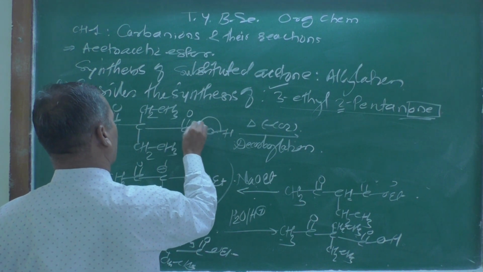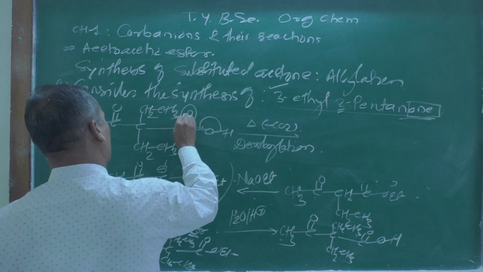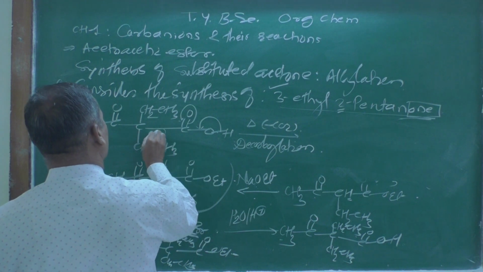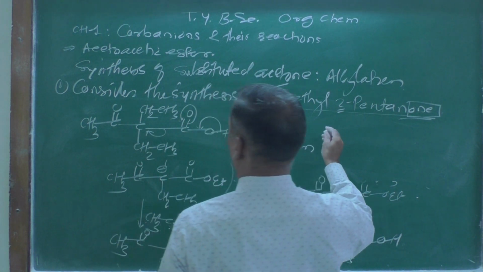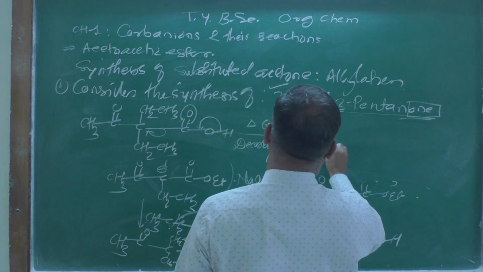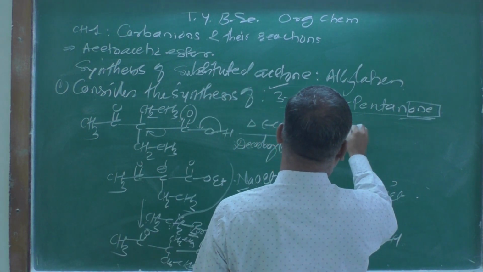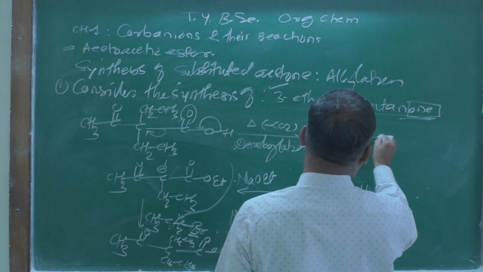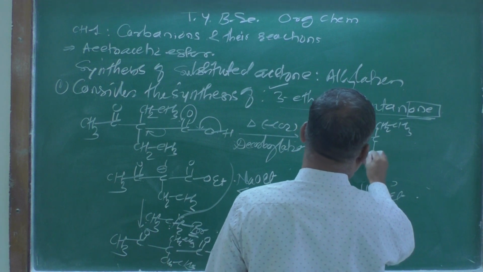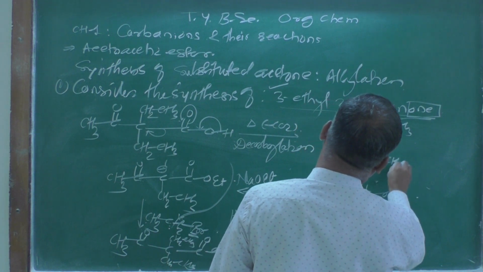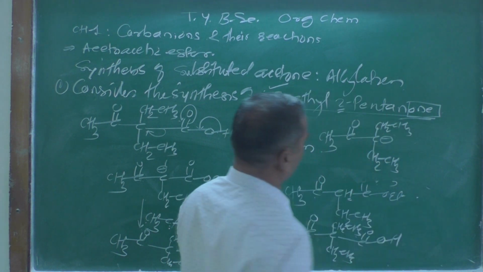And what you are going to get here: this sigma bond moving like this and the double bond revolving around it, and the negative charge coming on this carbon atom, and the resulting compound you are going to get over here is CH3, C double bond O, then here CH2, CH3, another CH2 and CH3, minus charge over there.